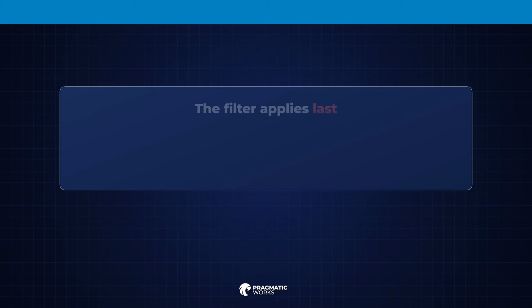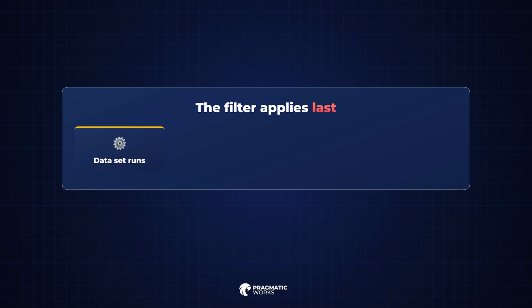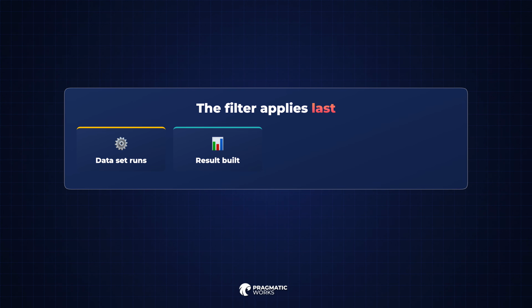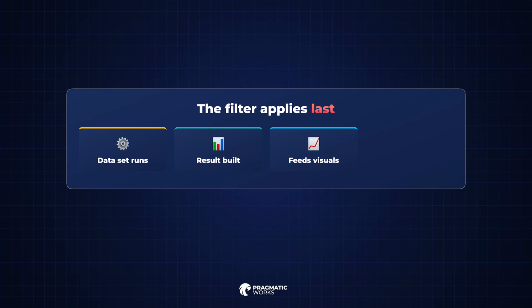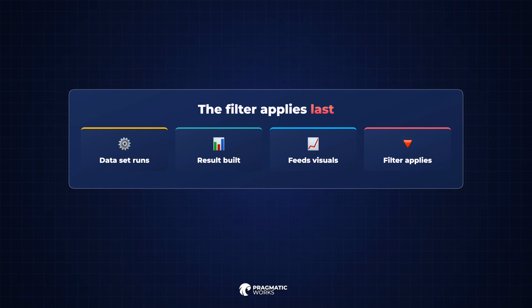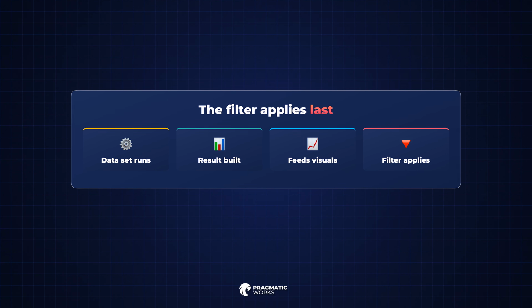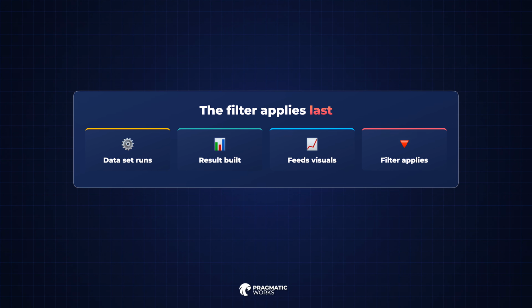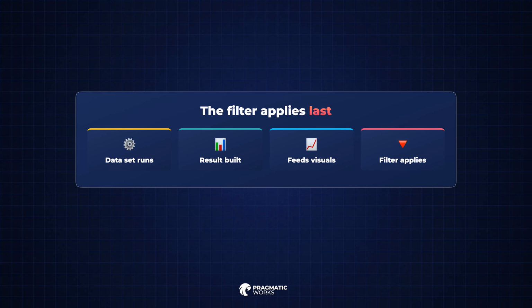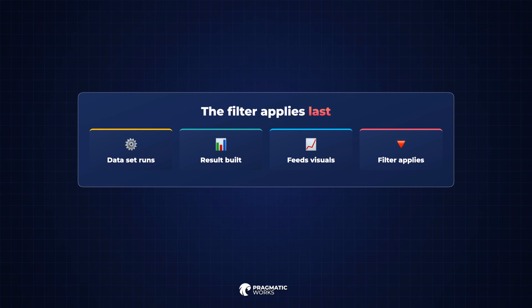That is an important distinction because that means if I want to, let's say, filter my data before I've grouped in my data set, before I've aggregated in my data set, those filters are not going to work because the data set would have already been populated at that point. So the next question would be, do parameters solve this problem?